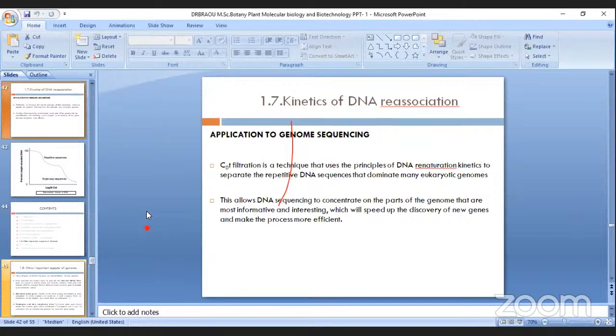It helps in speeding up the discovery of new genes, and will be quite helpful by allowing DNA sequencing of the interesting parts of the genome.